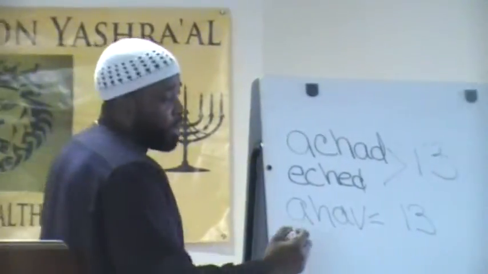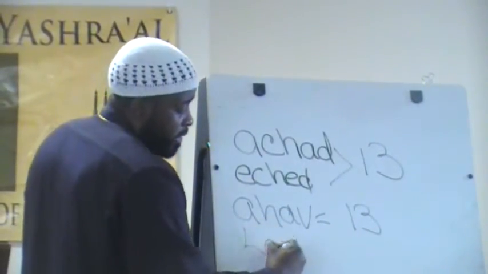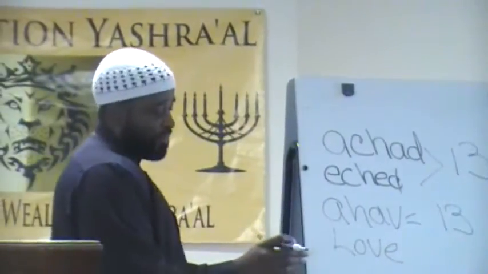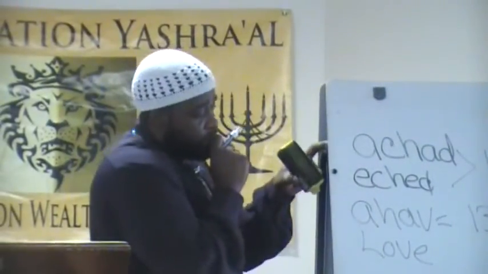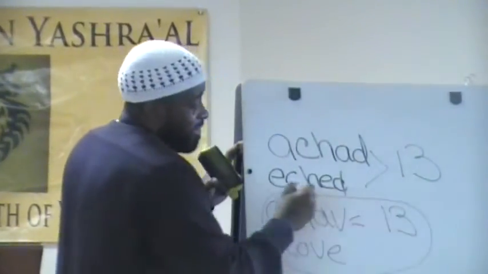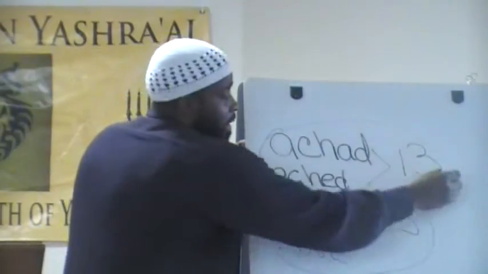And everybody knows the word Ahav means love. So, in order to love, you must be in Echad. You see how this whole thing is working here? You can't make any mistakes with this. There's no such thing as a coincidence.